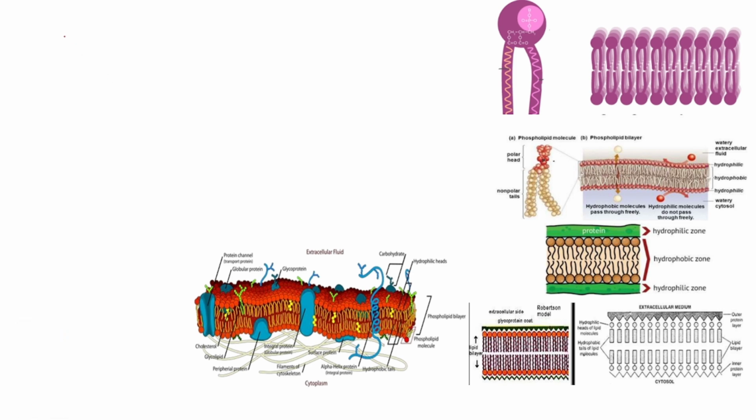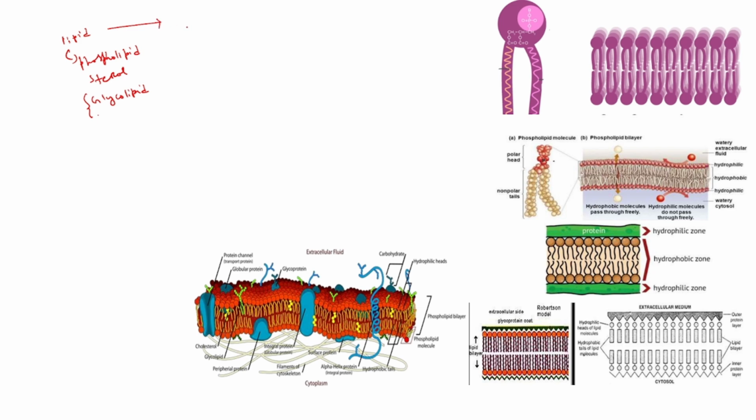So one is the lipid part. In the lipid part, one is the phospholipid, another is the sterol, and another is the glycolipid. What is the glycolipid? We will know after some time.